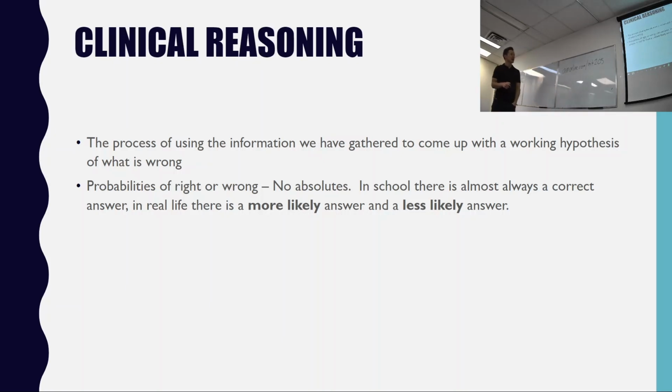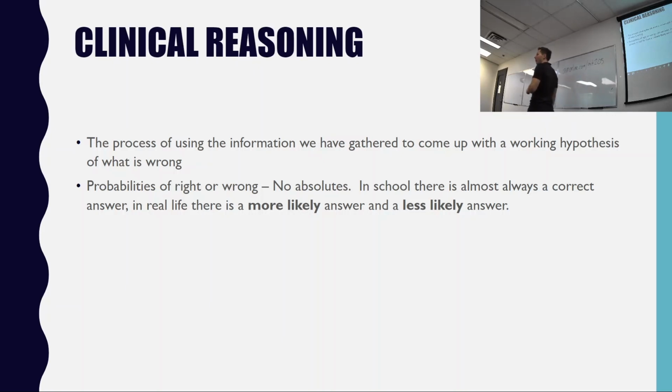No absolutes. So in school, like your exams, for example, your practical exam, there's going to be one answer. It's going to be obvious. It's going to follow the exact pattern that's laid out in the slides and in textbooks. And when you read textbooks, it's like, somebody comes in and they have pain on active and resisted abduction of the shoulder, and it's a positive drop arm test. They have supraspinatus tendinosis. Come into clinic, and that's almost never the case.